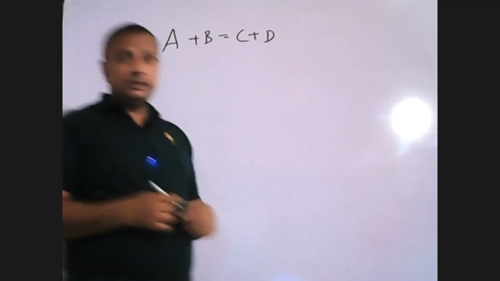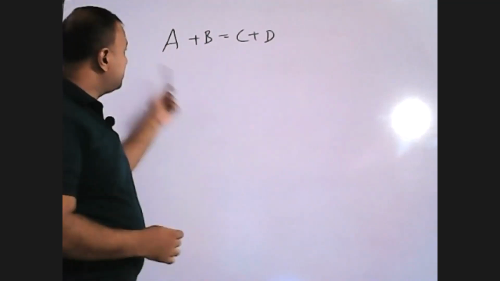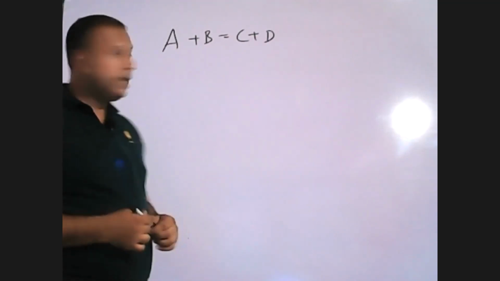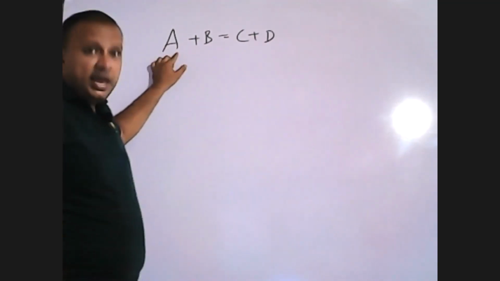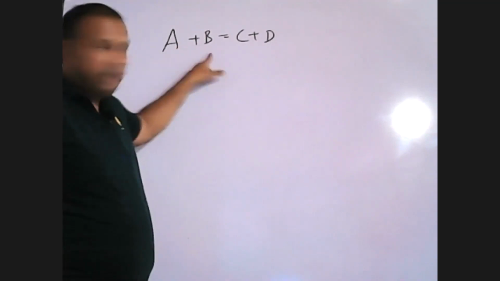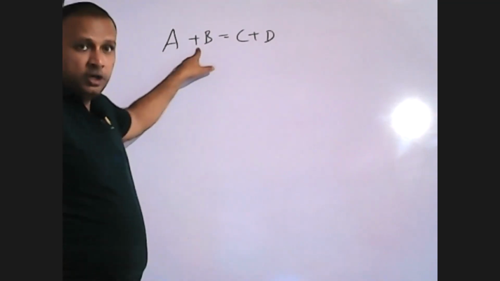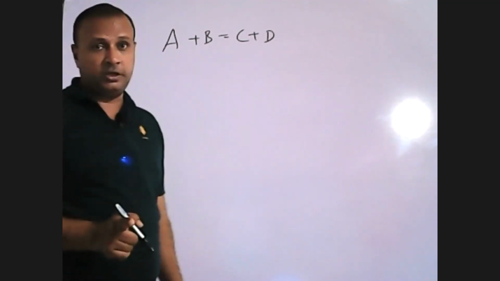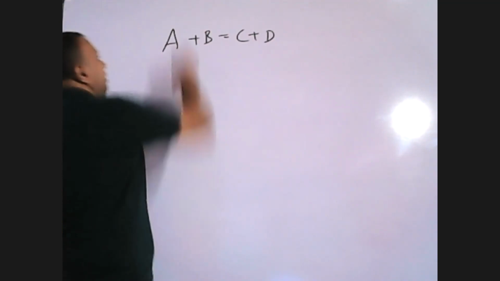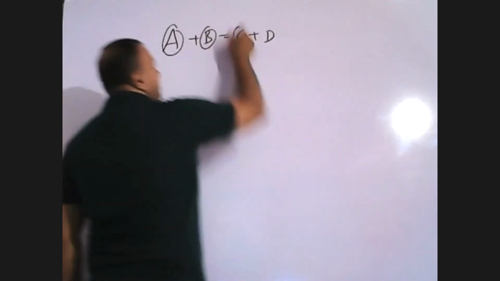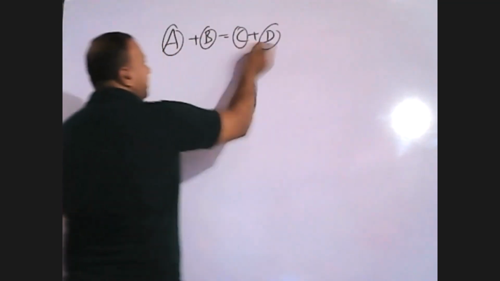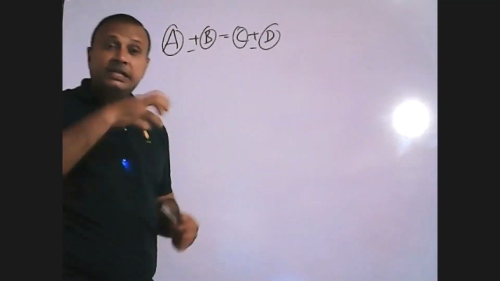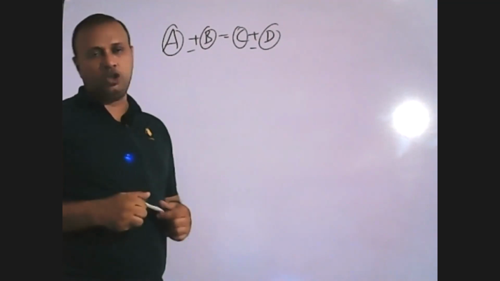During this analysis, we have learned some factor. That is, if there is an addition or subtraction, both physical quantities combined with addition or subtraction should have the same dimension.